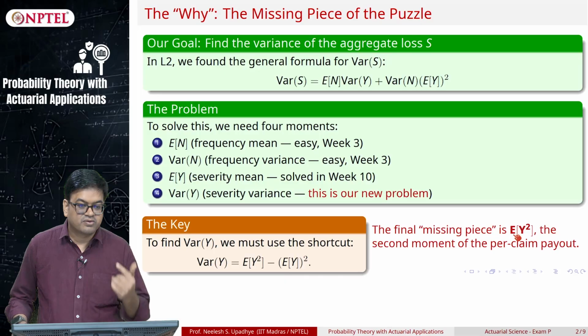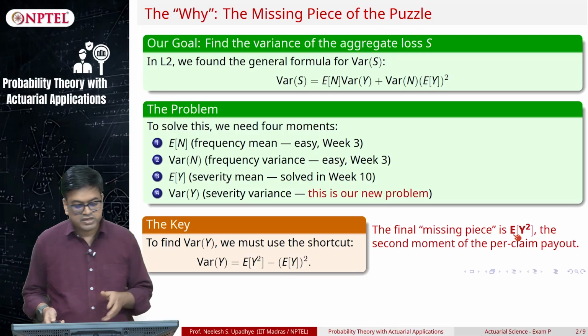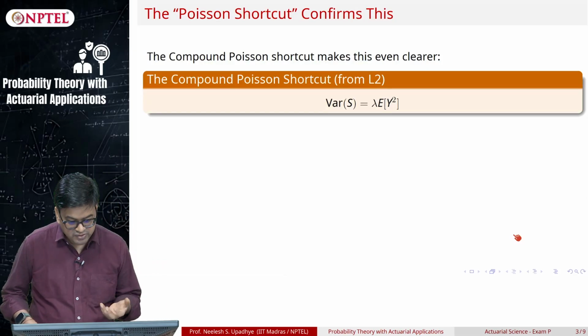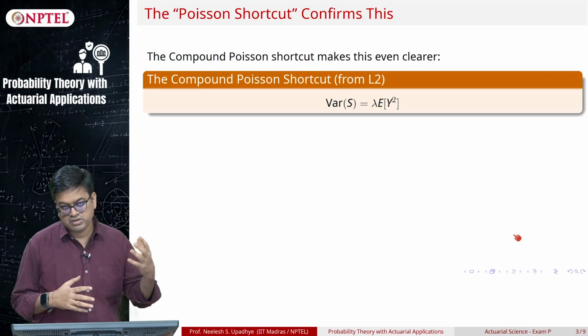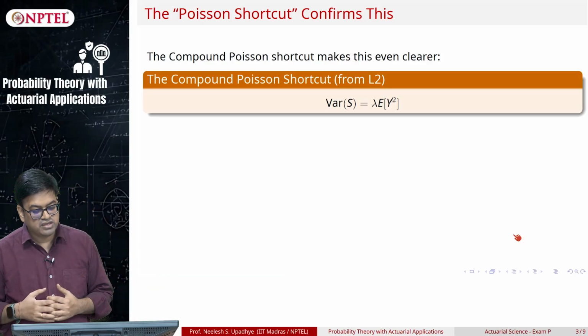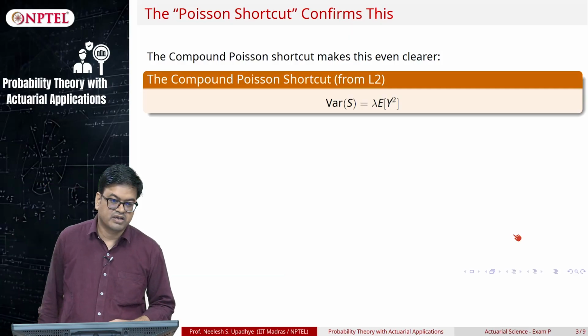So let us go back to the Poisson shortcut and see how you will do it in that case. When you have the compound Poisson model, you already know from the previous lecture that the variance is lambda times the expected value of Y squared.